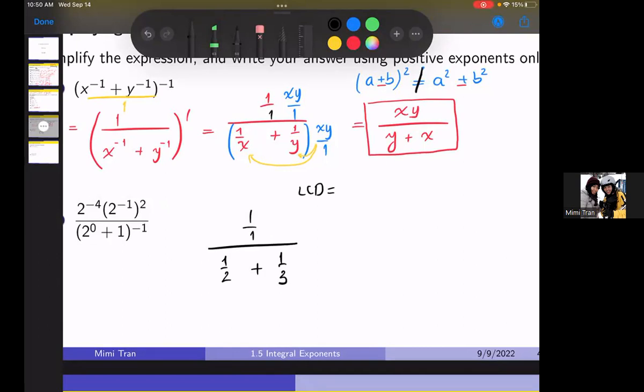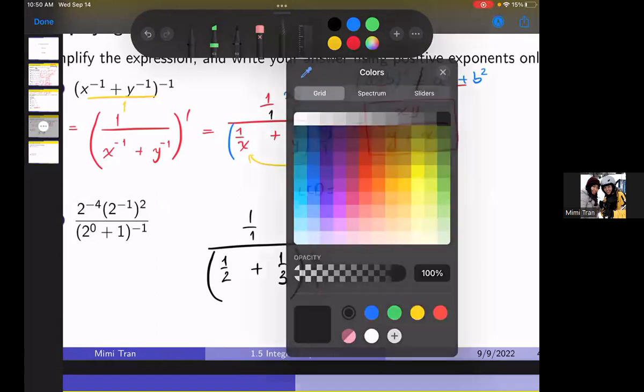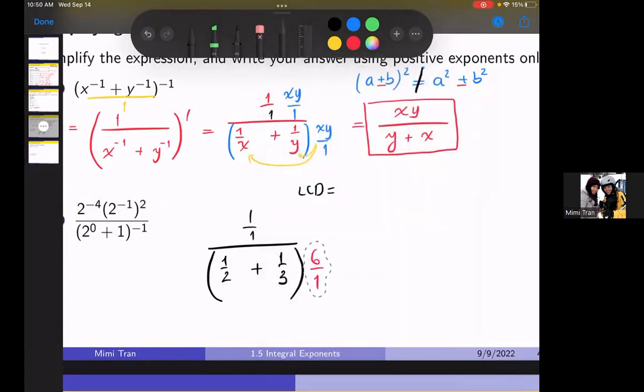So what I'm going to do is multiply the bottom by 6 over 1, right? So far so good. Maybe I'll use red so that I multiply the bottom by 6 over 1. I have to do the same thing to the top. If I don't, then I accidentally change my expression, right?